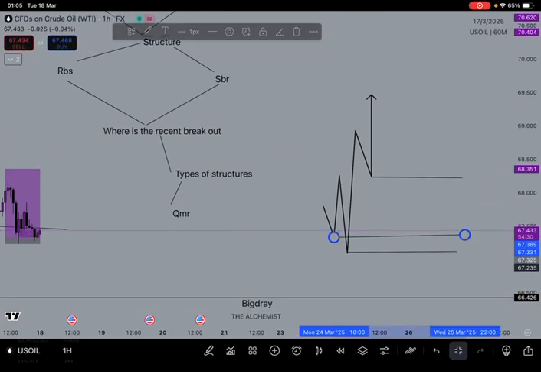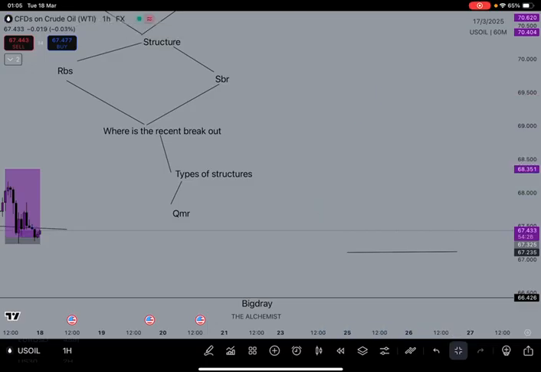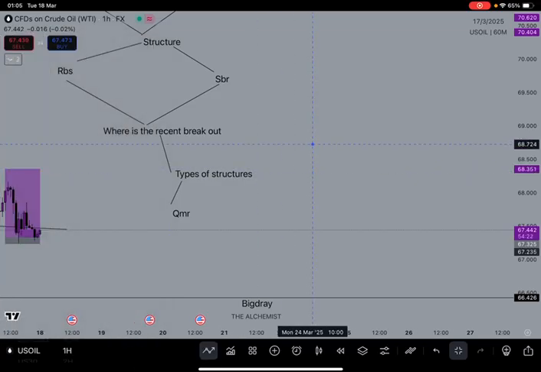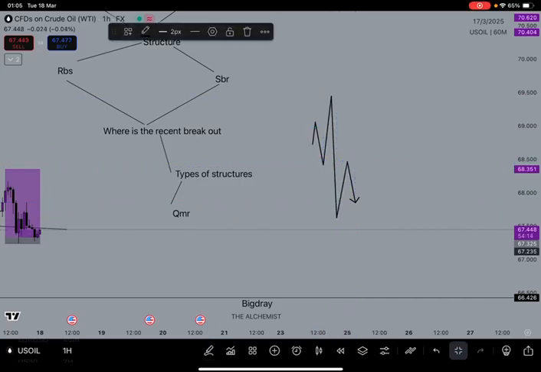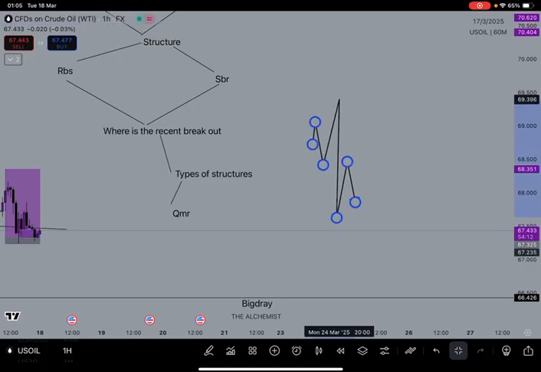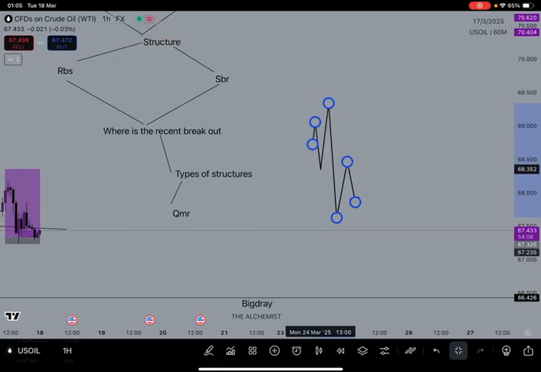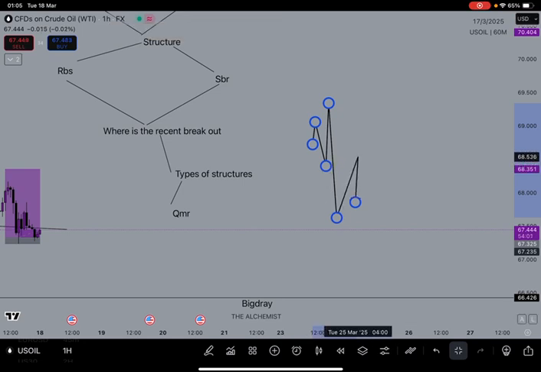So vice versa, if you are selling, you also have this. You can see this is a resistance. This is the support that got broken and it was tested back, so this support now is not tradable anymore.